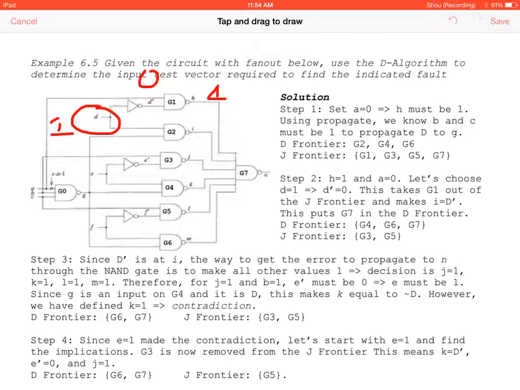This is going to be our guess. So now we've taken our guess, and we're going to do the implication. The implication means that D bar is equal to 0, but here it's also propagated 1 to this input, and we have D bar there, right? So now we take G1 out of the J frontier, because now we know both inputs and there's no error.